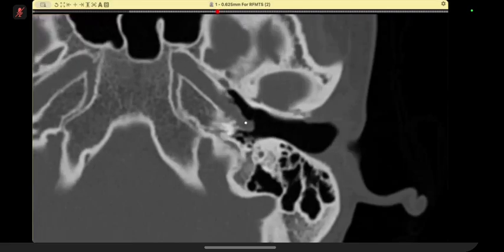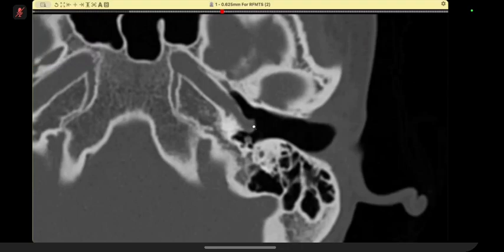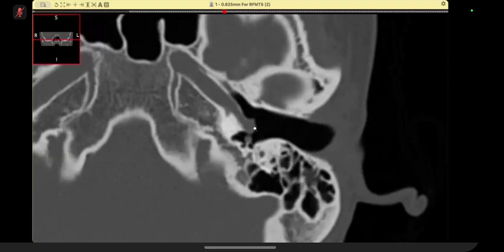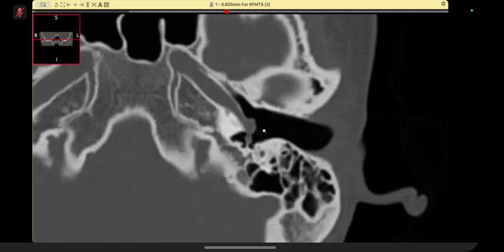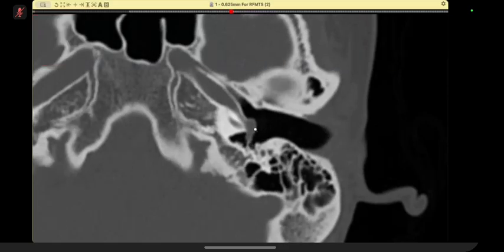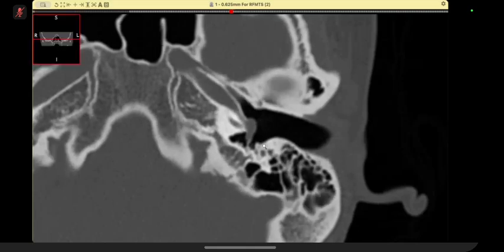And even on a non-enhanced CT, you can make this diagnosis, that it is projecting into the mesotympanum. And with that, there is a branch here which is known as the stapedial artery. The stapedius muscle lies here. We'll come back to this part of anatomy.